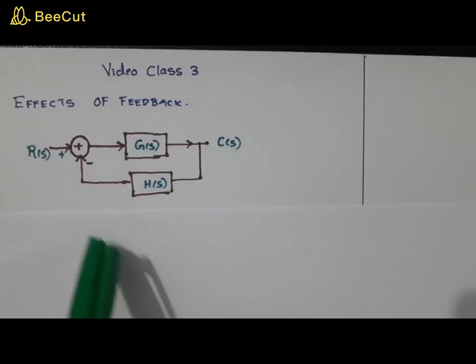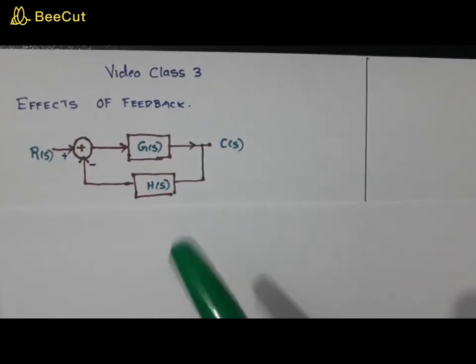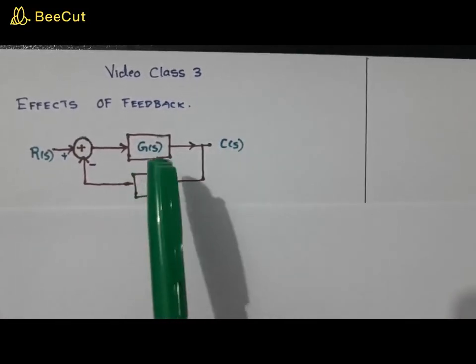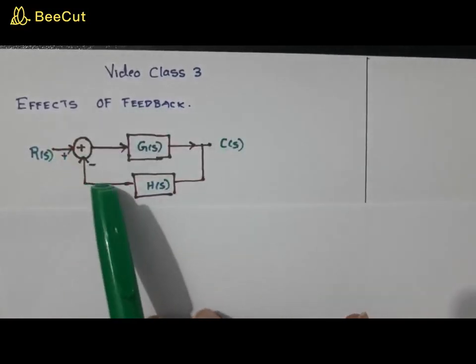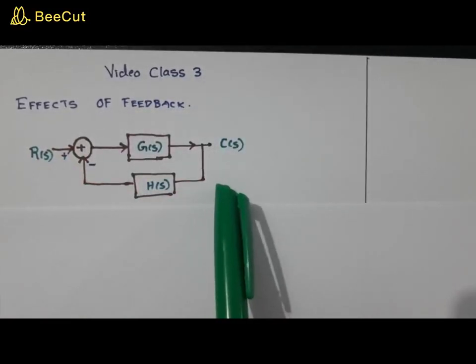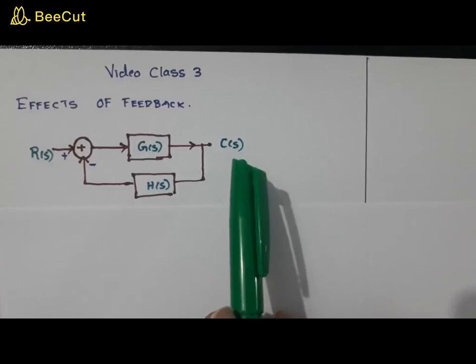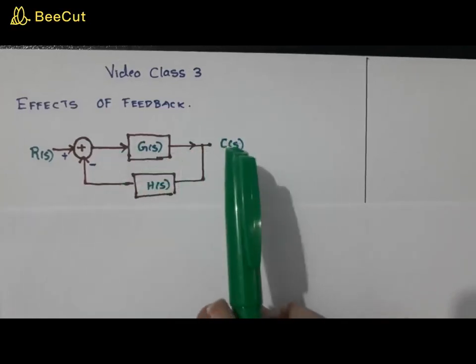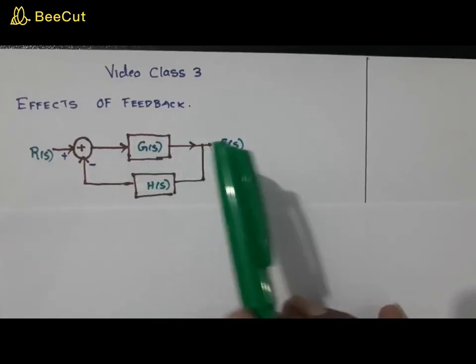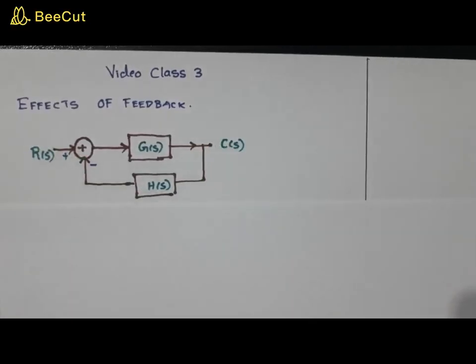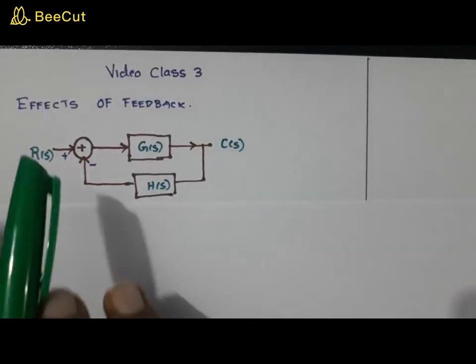Now, this is a closed loop system, and now you know the terminologies of this. This block diagram is totally shown in the Laplace transform; it is not in the time domain, it is in the S domain. So you have the input R of S, which we call the set point.